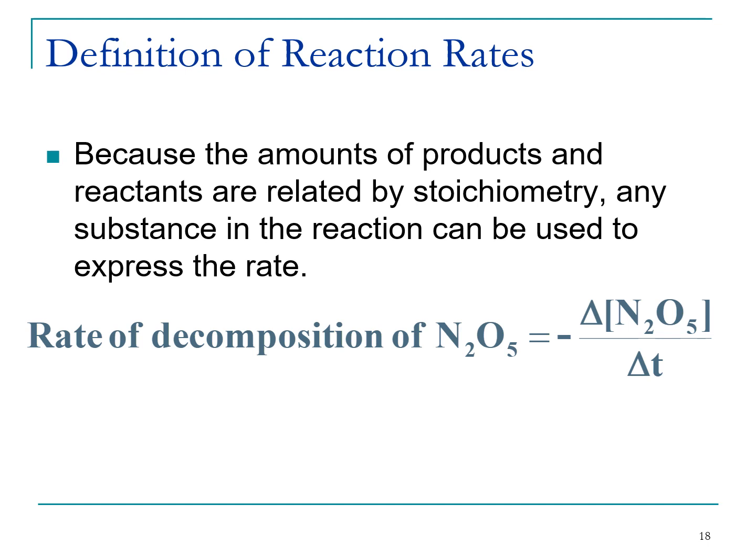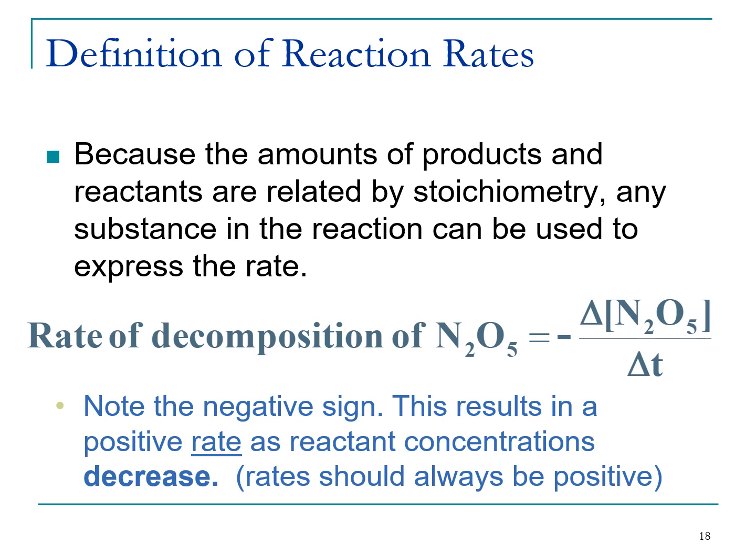So for example, this would be the rate of decomposition of N2O5. Notice that we make the rate negative. This is just the way we represent it: if something is decreasing, we make it negative because it's going down, and so a negative of a negative will give us a positive.